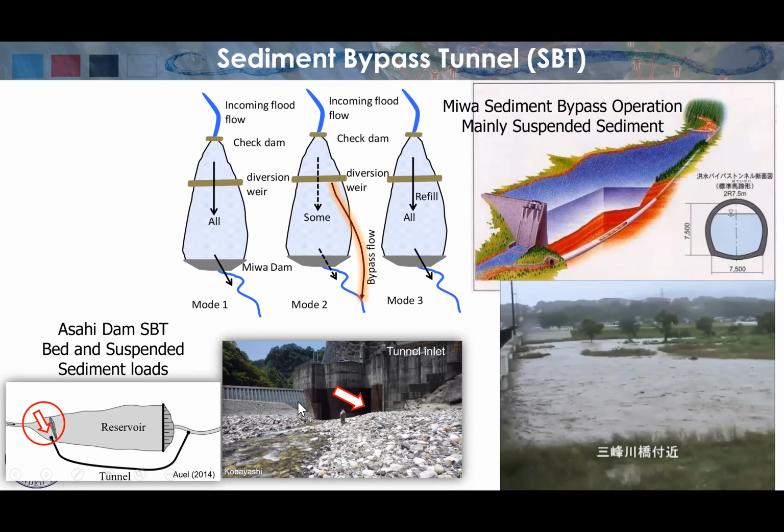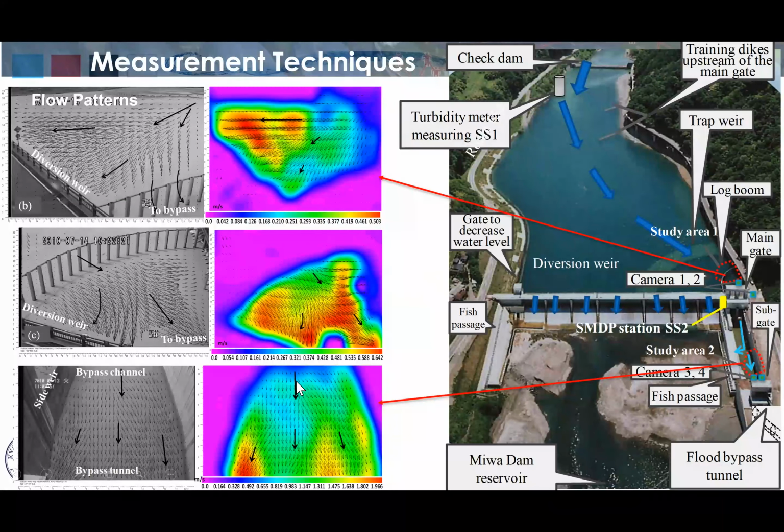So we tried to do much research to monitor the flow and the flow velocity on the Miwa Dam and the Miwa Reservoir in the upstream part and inside the tunnel, where we could see by using image technique the flow pattern and velocity diversion, and also detecting the suspended sediment concentration in the reservoir by different types of management.